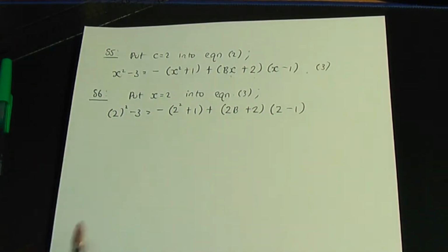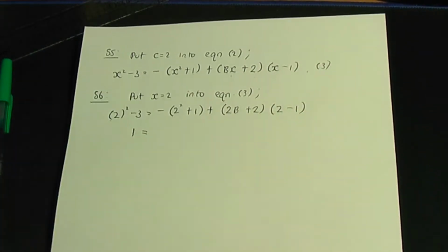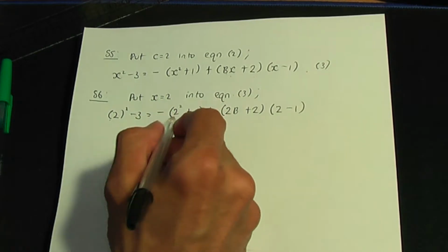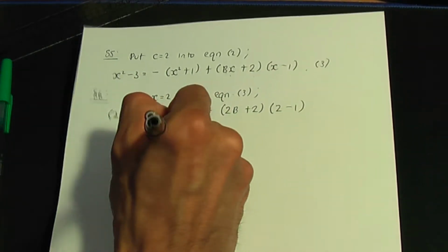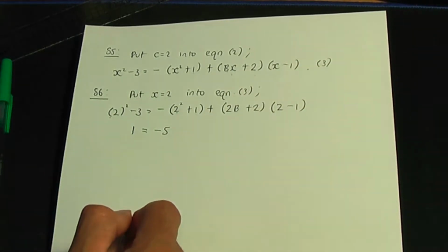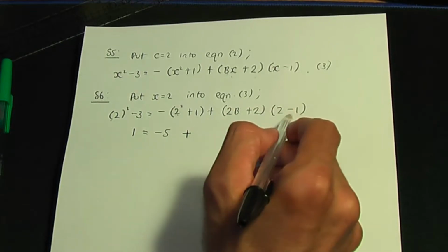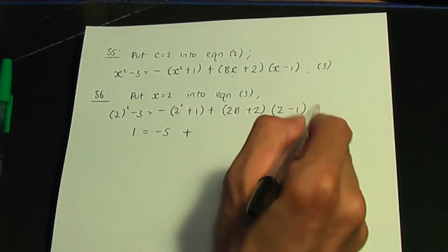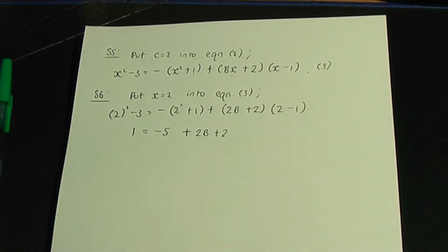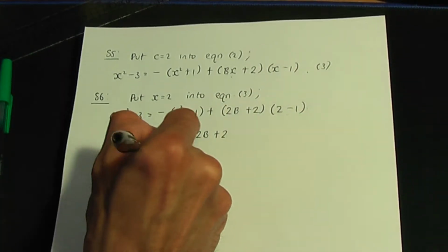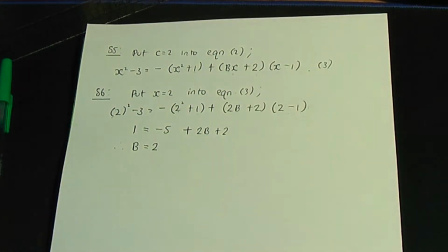So if we simplify that carefully, 2 squared minus 3 is 1 on the left, that is equal to 2 squared plus 1 is 5, times minus is a minus 5 here, plus 2b plus 2 times 1 from here is 2b plus 2. So when you rearrange carefully, you might find that the b value is 2. So that's the value of the constant b.